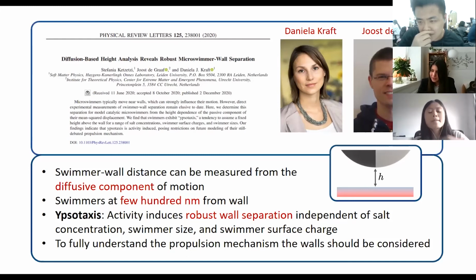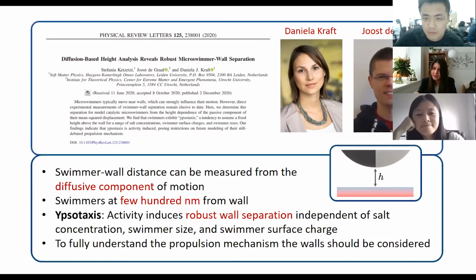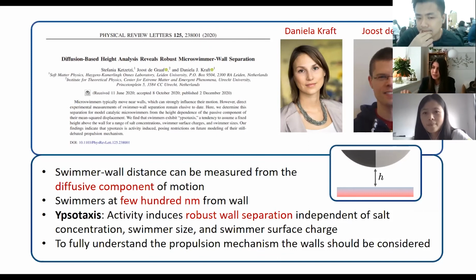Yes, exactly. So to understand this, we should think about what actually causes the propulsion of the particle. The current idea that we have is that there are flows created along the particle surface. These are the phoretic flows that also factor into the speed of your fluid. But also what we saw in our work and in our previous work is that the fluid flows along the wall can also be important.